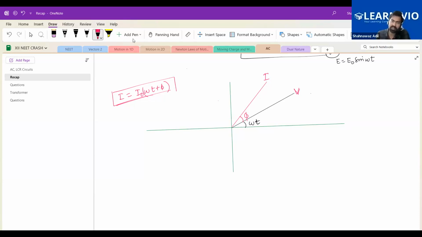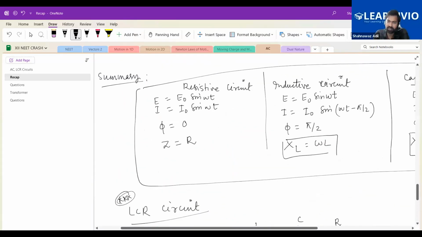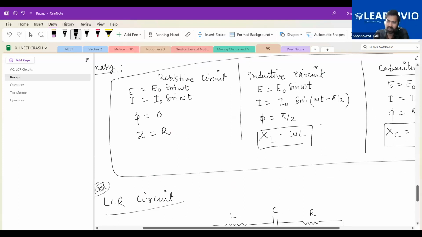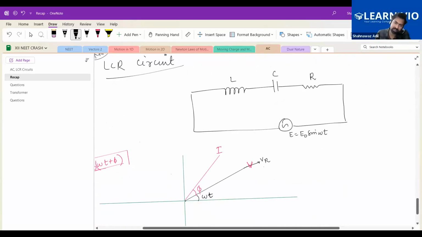So let's say this is VR. Then for the inductor, in an inductive circuit the current is lagging behind, which means the voltage would be ahead.